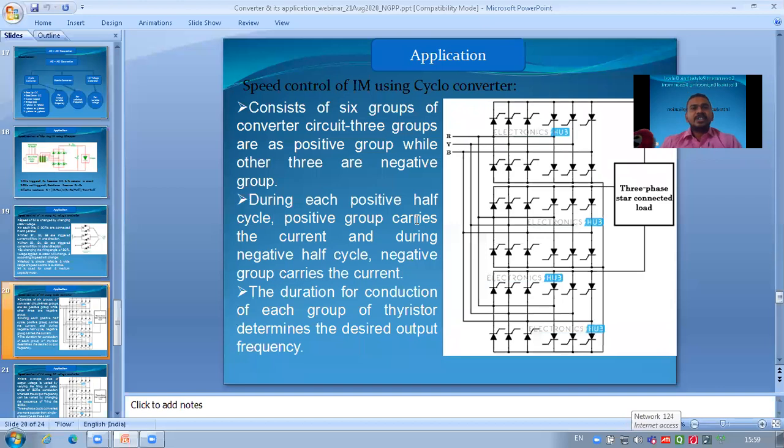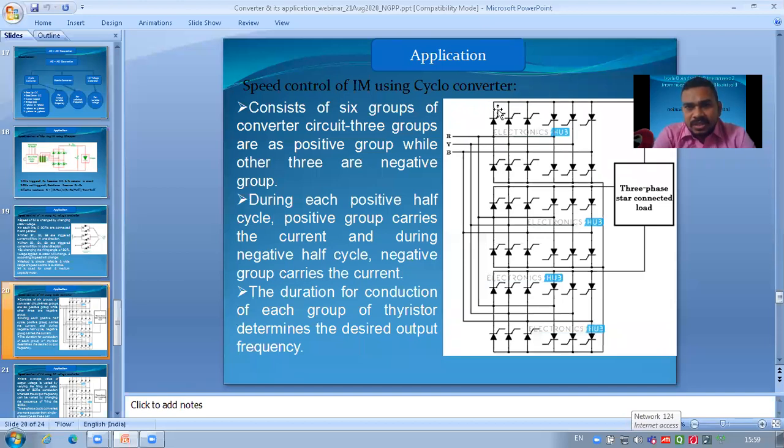Now next, the speed control of induction motor using cycloconverter. If we see, it consists of 6 groups of converter circuit. 3 groups are positive converters while the other 3 are negative converters. These SCRs are for the positive converter, and these SCRs are for the negative converter.